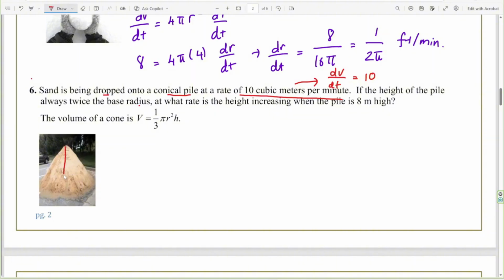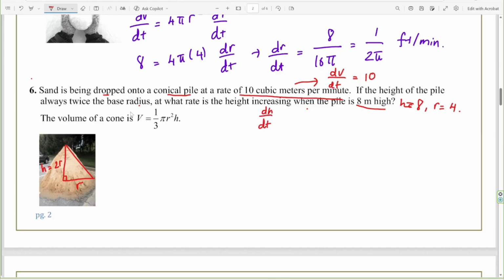So this is the height right here and the base right here, right? So this is the radius. This guy's the height should be 2 times r, right? So we connect this one, we make the right triangle right here, right? At what rate is the height increasing when the pile is 8 meters high, right? So the height is 8. Then the radius must be 4, right? And they ask you to find dh over dt.